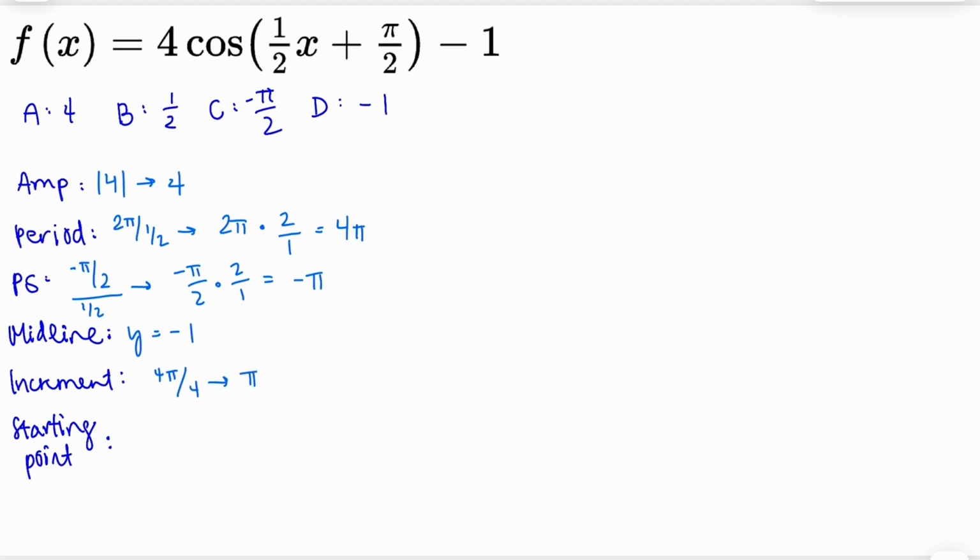And it is really great when your phase shift and your period have the same denominator. It's going to make it the easiest to count up. You won't have to find a common denominator or anything like that. My starting point is going to be my phase shift, negative pi, and then I have to think about it: it hasn't been reflected, but the midline is negative 1, and I'm 4 up from negative 1, which is going to have me at 3.